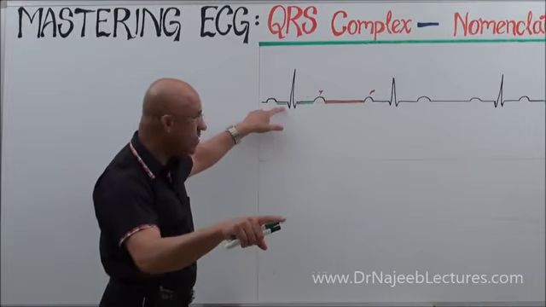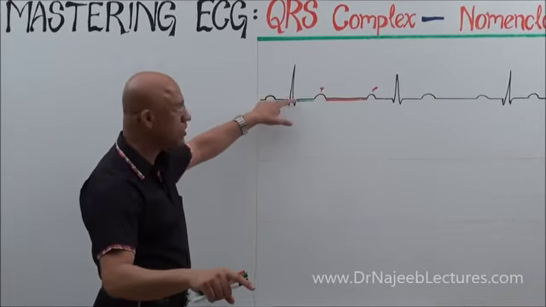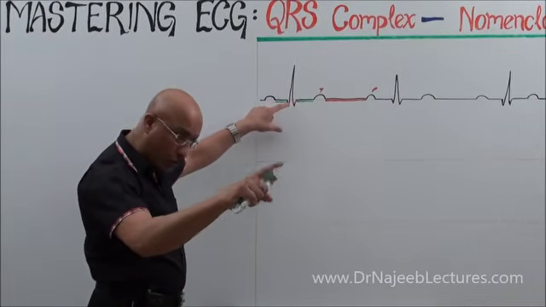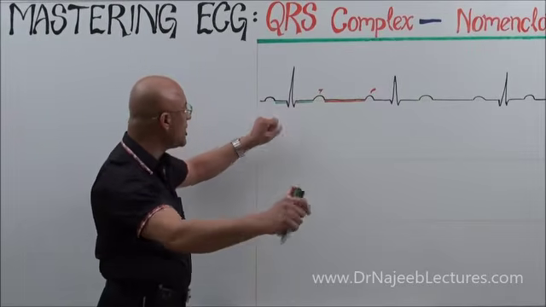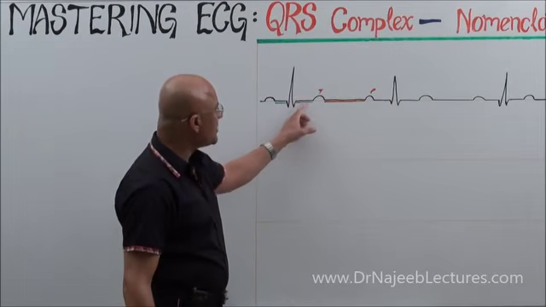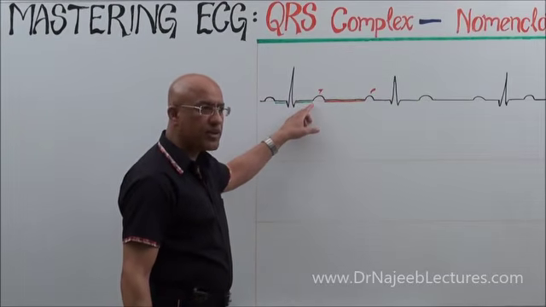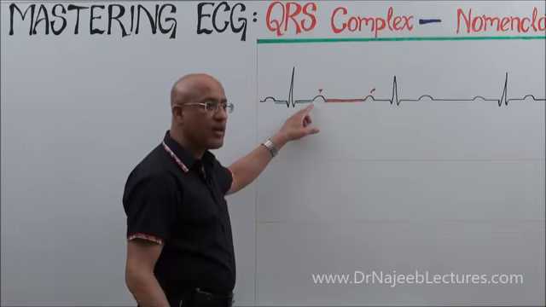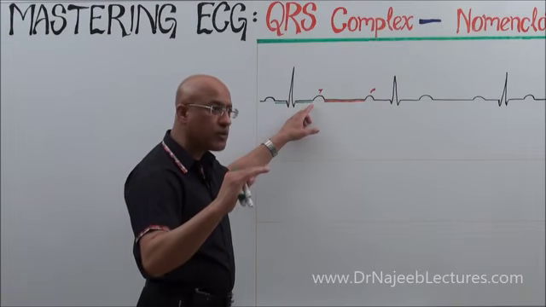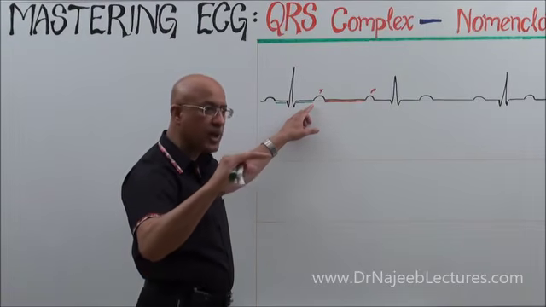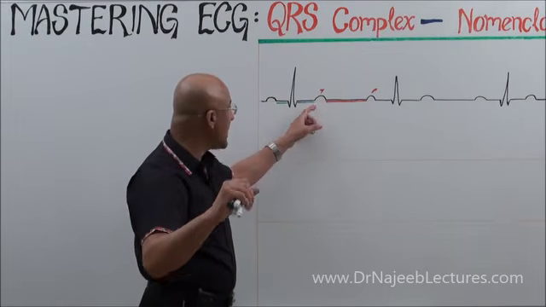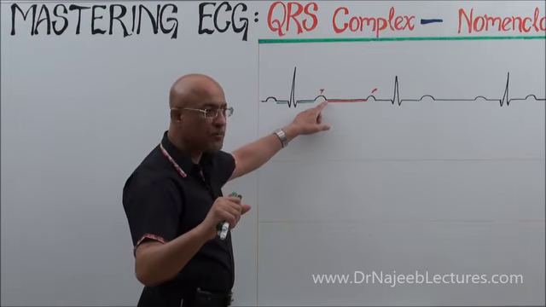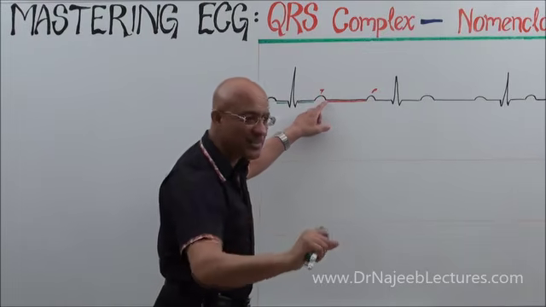Then the QRS complex represents ventricular depolarization. Very good. And then the ST segment represents the electrical activity in the heart after the spread of ventricular depolarization, when there is the plateau phase, right? And then this is the rapid phase of ventricular repolarization.